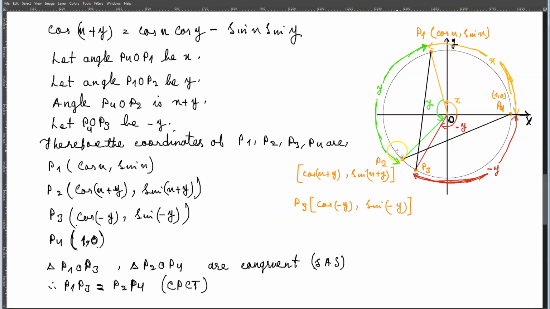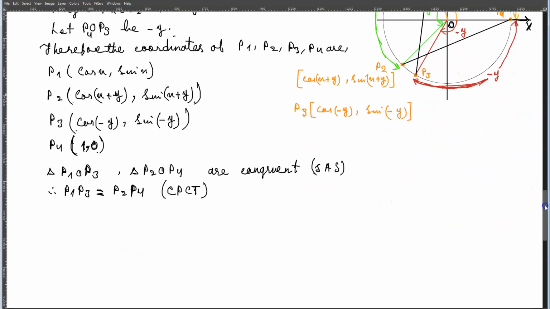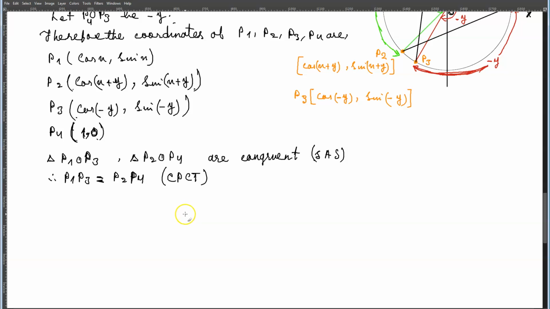Now, you are familiar with the distance formula.